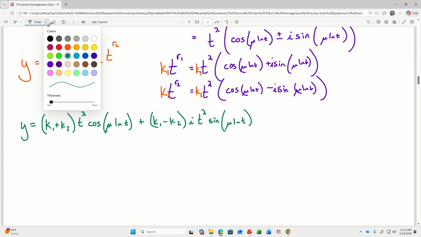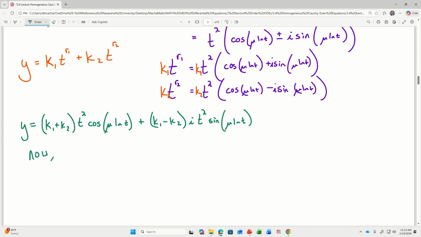Okay. Now, if k1 and k2 are complex conjugates, then k1 plus k2 is going to have the same real parts on the k's, but opposite imaginary parts.